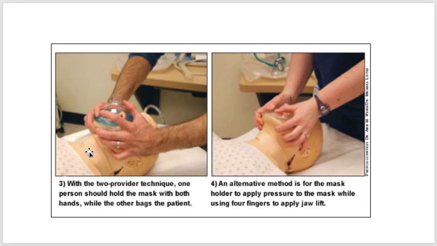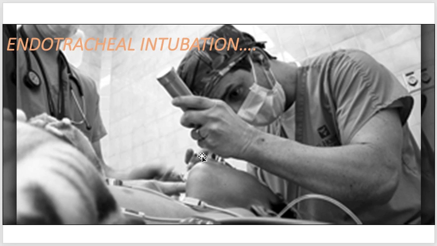This one is when we have a helper present, and see how he's holding the mask and maintaining the airway. He's performing the jaw lift while holding the mask. Or we can go for endotracheal intubation.